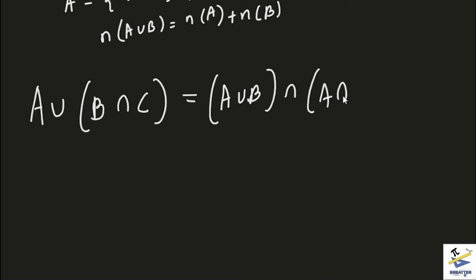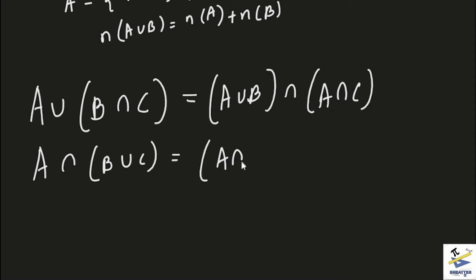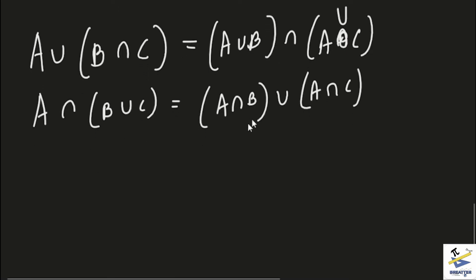This is more of a memorization exercise rather than a proving one, so you can memorize these kinds of properties, and obviously we can prove them as well, but it only remains to be seen if it's worthy of being proved, because it requires a lot of Venn diagrams, and you need to draw 3 of them, and you need to prove both of the sides. Only then will you be able to prove all of them. So this is another distributive law, which basically says this. And this should be union. Yeah. So these are the two basic distributive laws that we can use.